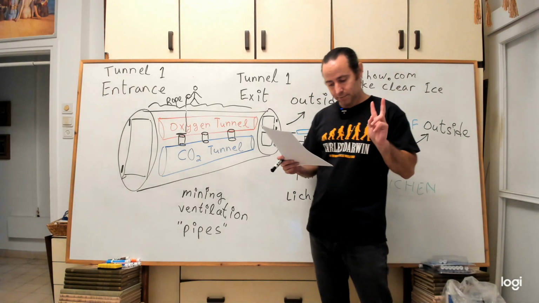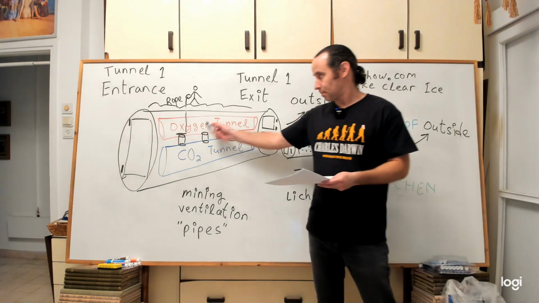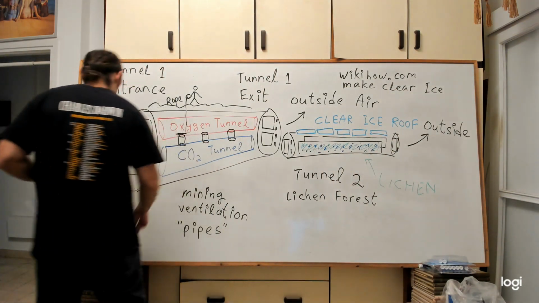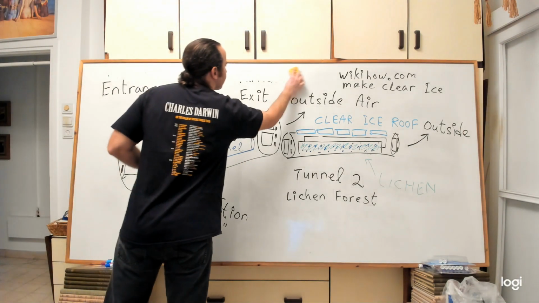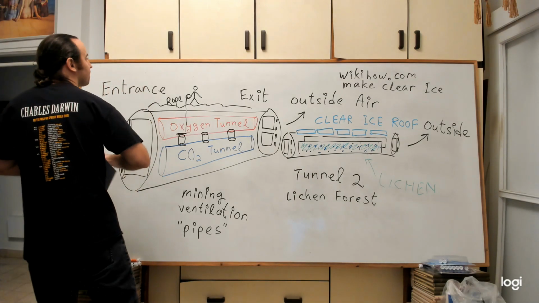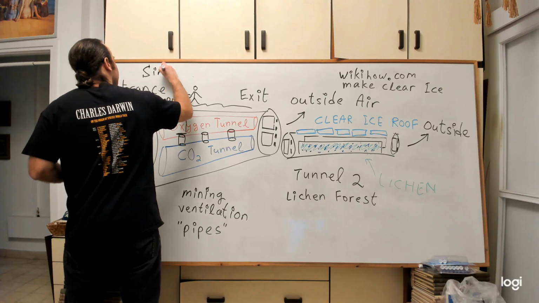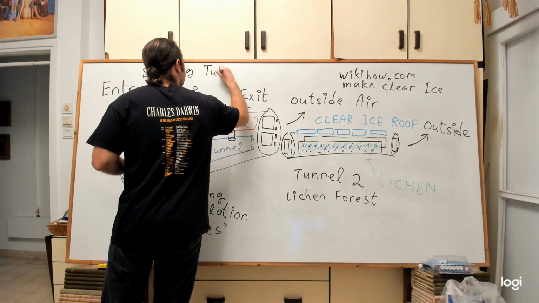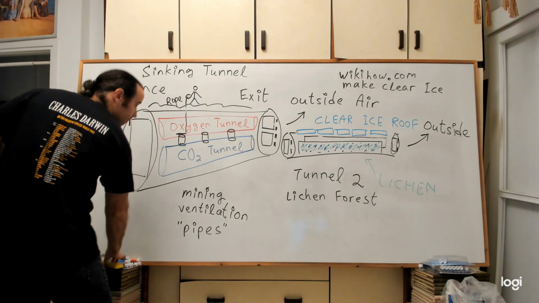Improvement 2, the ratio of sinking tunnels. This is the sinking tunnels, and this is the lichen tunnel.